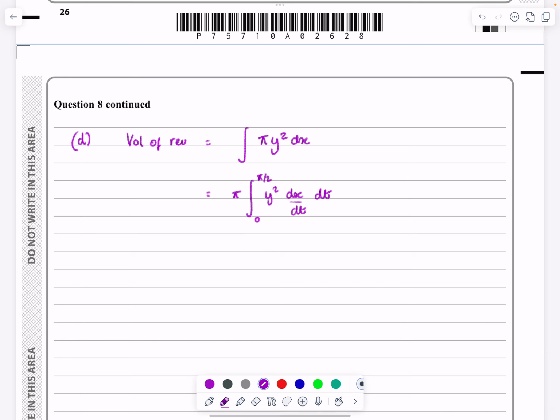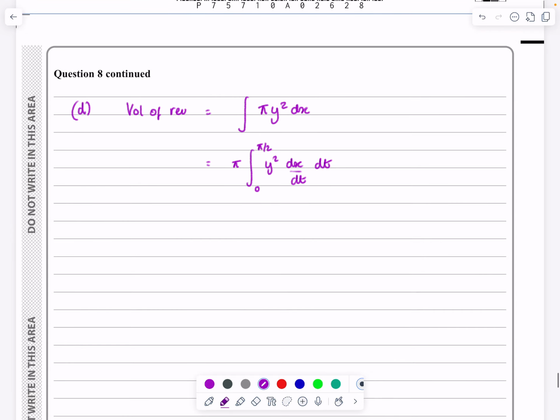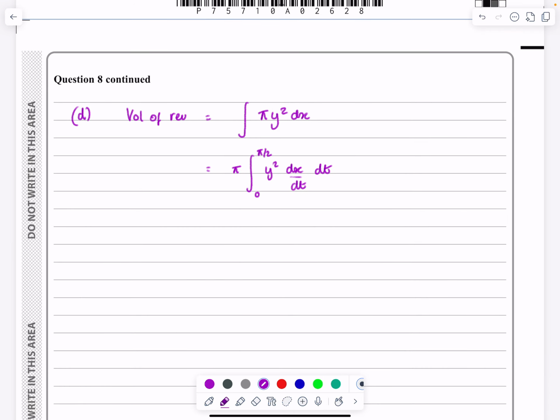So what that means is that we've got to find dx by dt, and we've also got to find y squared. Dx by dt we'd done previously was 6 minus 6 cos 2t, and y squared is just going to be equal to 2 cos t squared, which is equal to 4 cos squared t.